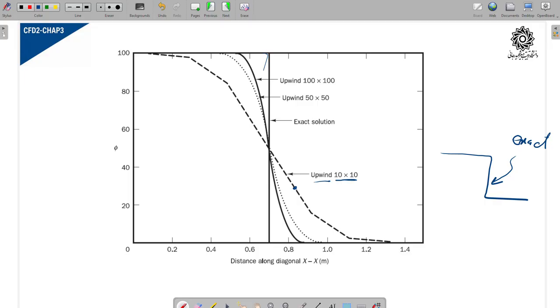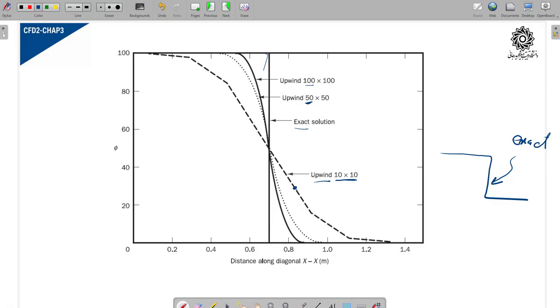With increasing cell number, the numerical results trend near the exact solution with 50 or 100 cells.